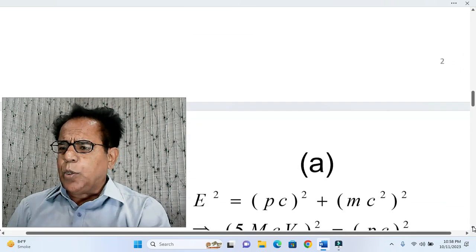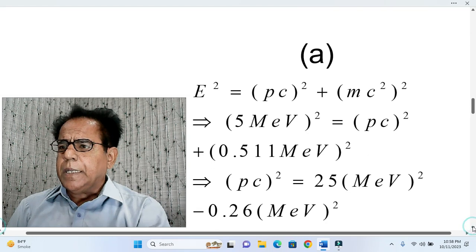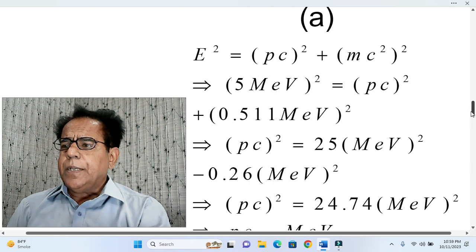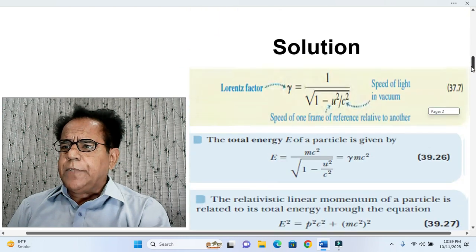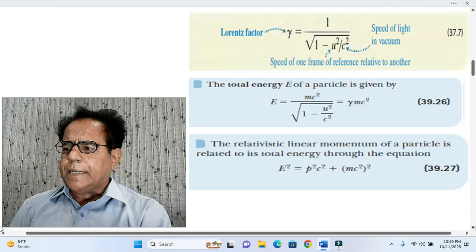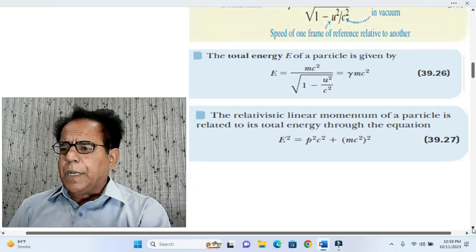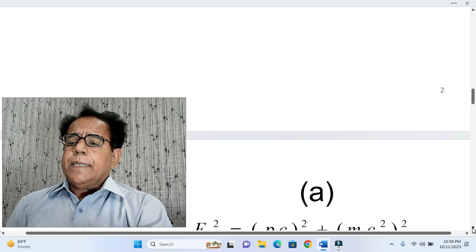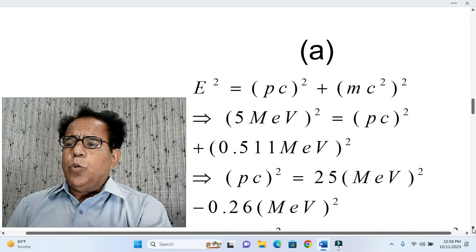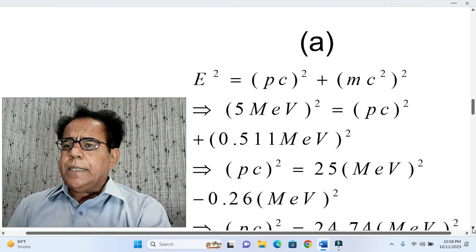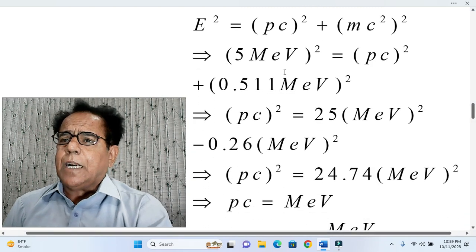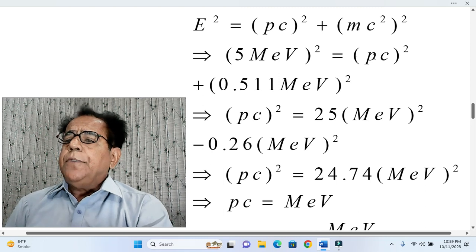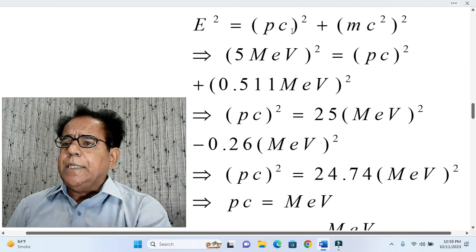Now we come towards its solution in a formal manner. Part A, we are using the last snapshot: E squared equals P squared c squared plus (mc squared) whole squared. So E squared is equal to (PC) whole squared plus (mc squared) whole squared. Here E is given as 5 million electron volt, so in place of E we have used this value. We have not disturbed (PC) whole squared.